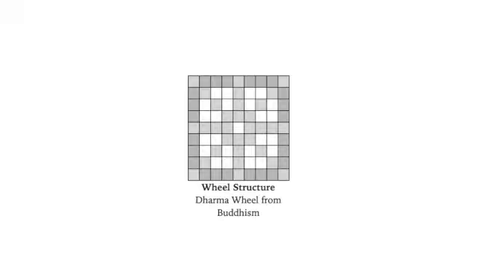An 8-spoked wheel is a central Buddhist symbol associated with the Noble Eightfold Path. Wheels had been around for at least 1,000 years when Tao Te Ching is thought to have been documented. The pattern also matches cardinal and intercardinal directions on a compass rose.